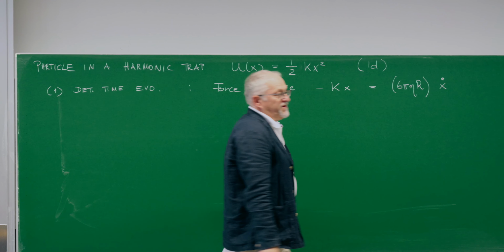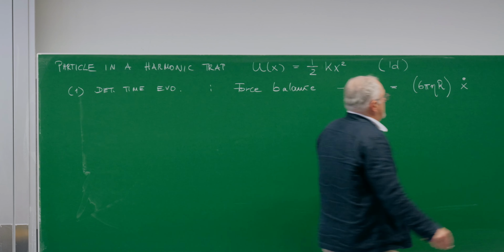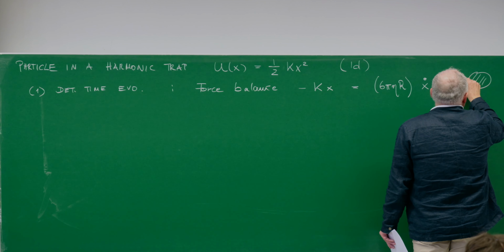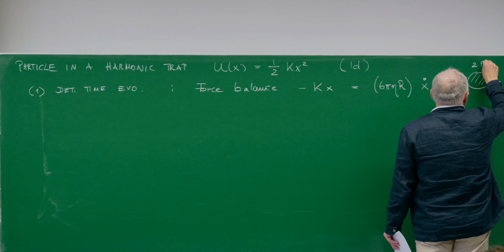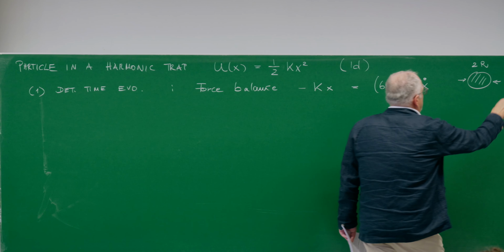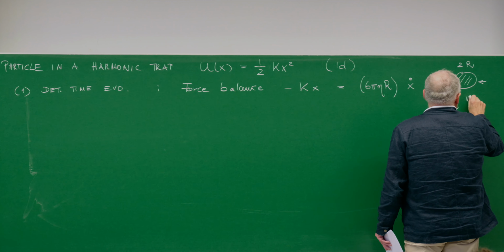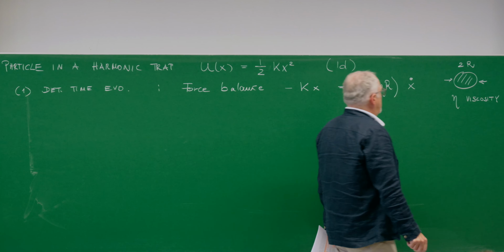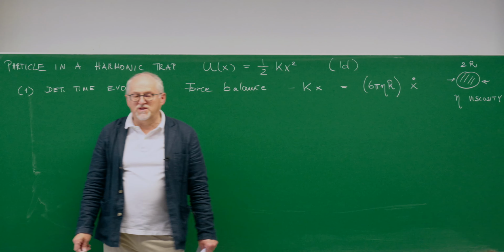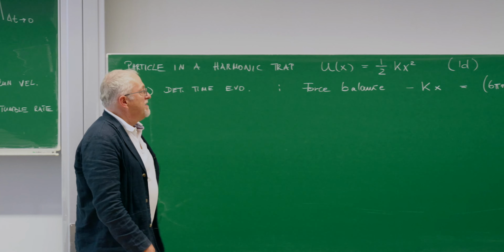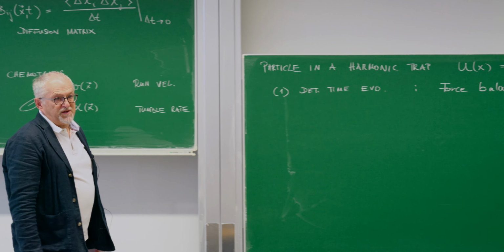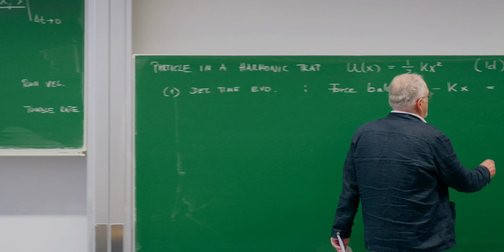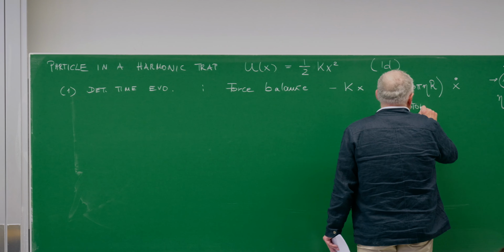The friction coefficient for a bead with radius r, in surroundings with viscosity eta, you can work out to be 6 pi times the viscosity of the surrounding fluid and the radius of the particle. That's called Stokes drag.